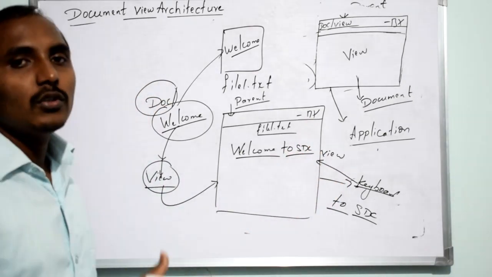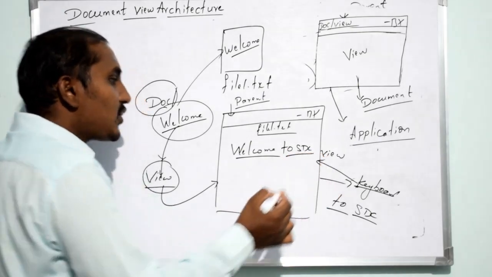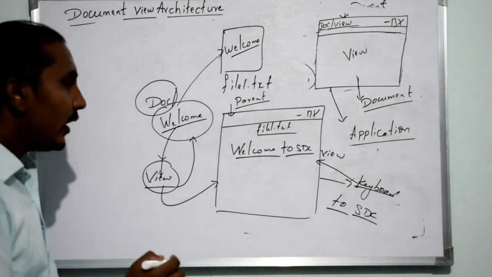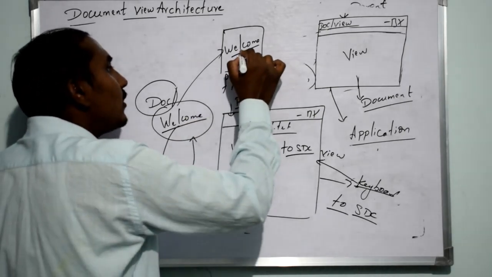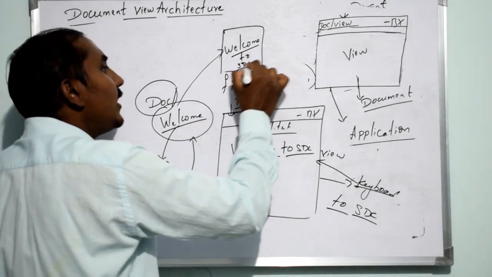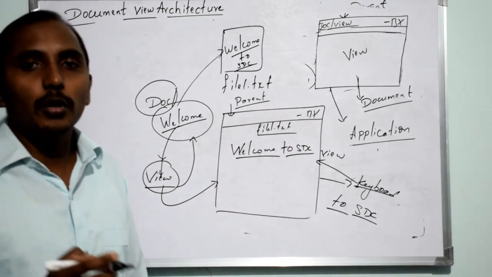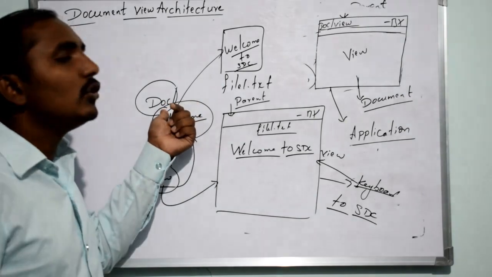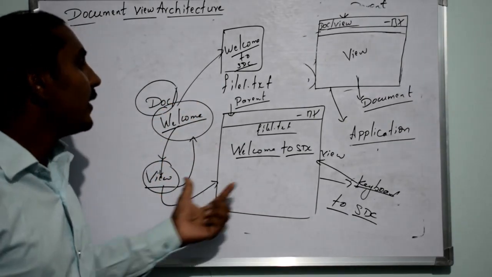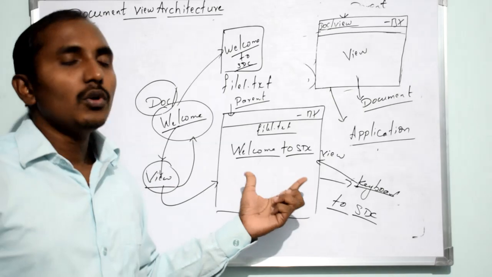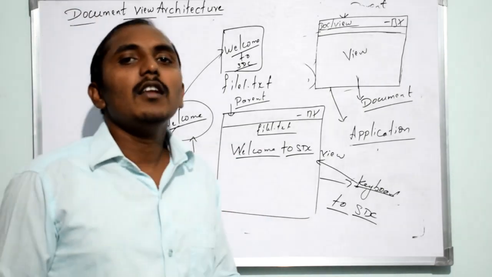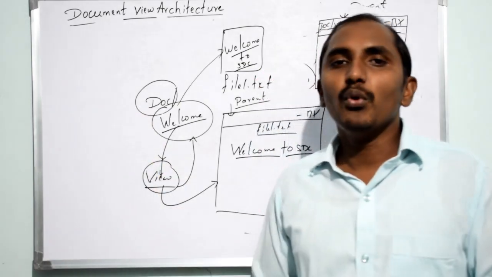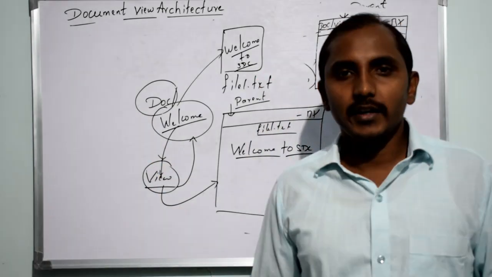That information from the view will be sent back to the document object, where the data welcome to SDC will be added and stored. So this is how there is an interaction between the document object, the view object, and the application. This type of architecture helps you manage the data easily. So this is about your document view architecture.